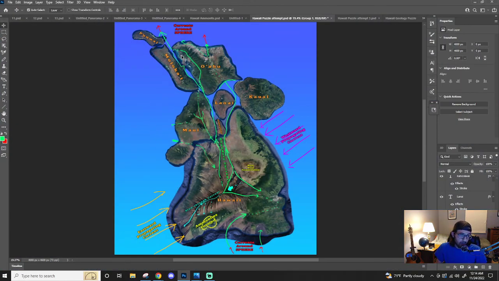I was initially thinking the ammonite formed where Australia would have been, but this kind of looks like it would have been Australia, although maybe it's the Himalayas.